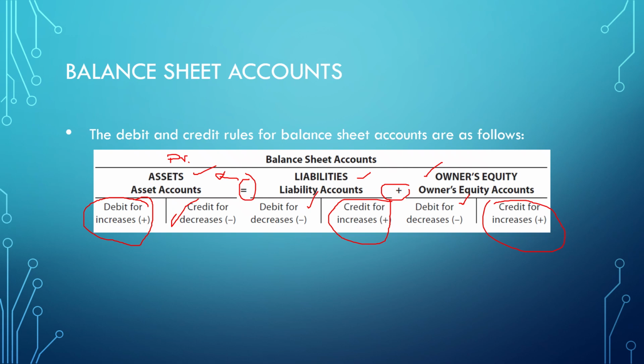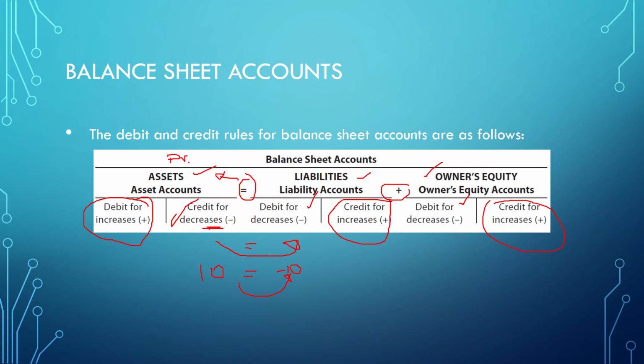Now, mathematically, if we transpose a number from the left side to the other side of the equal sign, it becomes negative, right? For example, your asset is 10. Then we transfer 10 to the other side. It becomes negative 10, right? So it means it's a decrease, because the right side of the equal sign is the credit side. It is the decrease side of the asset.